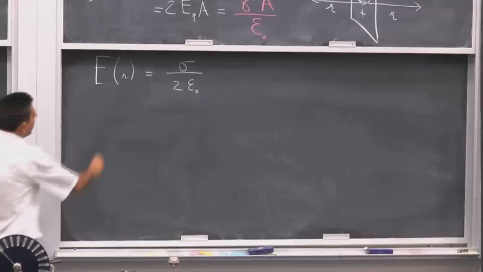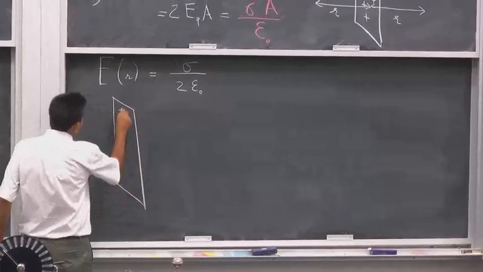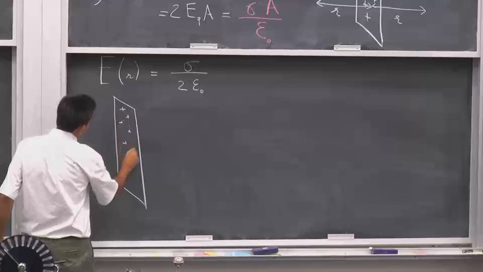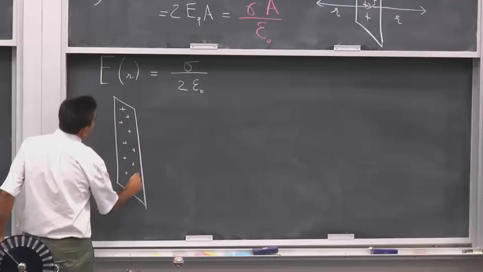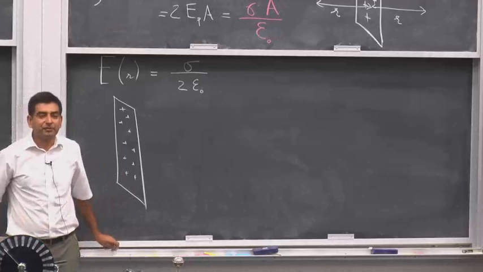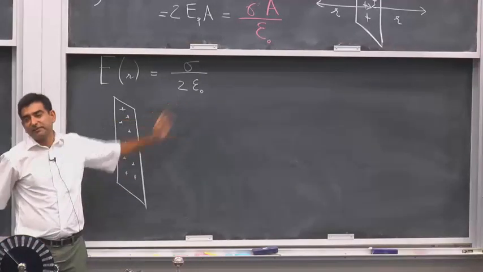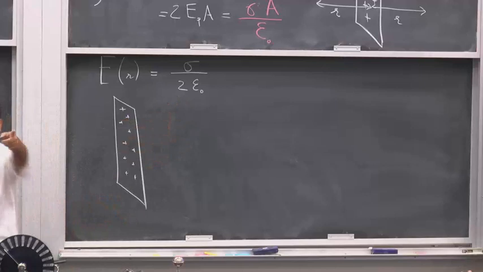So now what I have here is an infinite charge sheet, and you observe something quite interesting here. What is the surprising facet of this result? What surprises you?